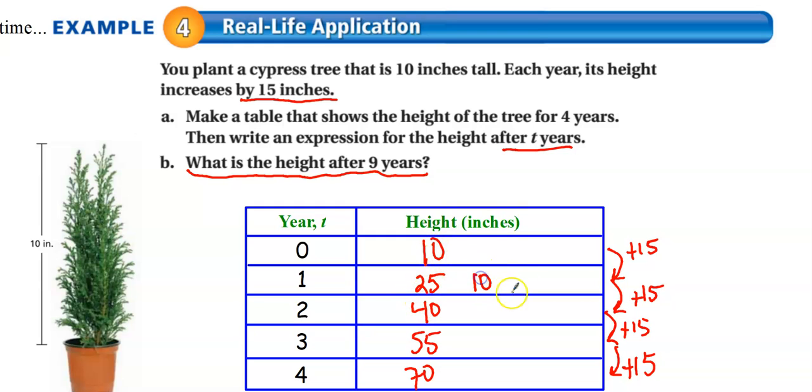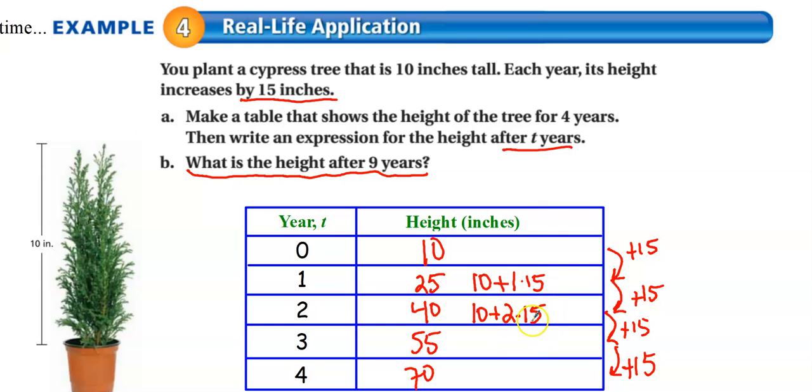I started out with 10, but then I added to it, right? I multiplied 1 times the 15. So it's 1 times 15, which is really t times 15. So what if I did this? Could I do 1 times 15 as my pattern? The next year it was 10 plus 2 times 15, right?